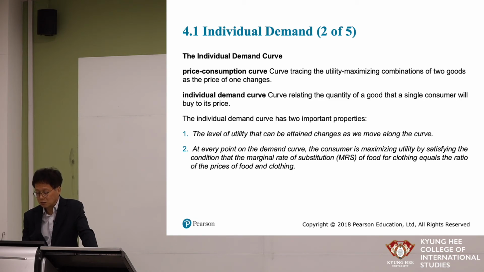Okay? The condition for the utility maximization solution is that MRS, the slope of each indifference curve, is equal to the slope of the budget constraint, that is PC over PF, right? The 3 points satisfy this first order condition of utility maximization.